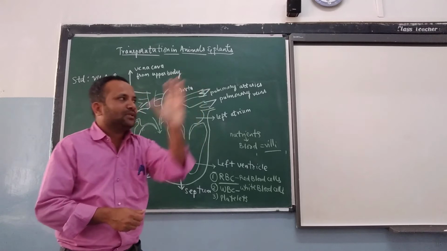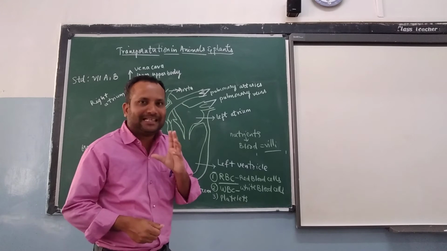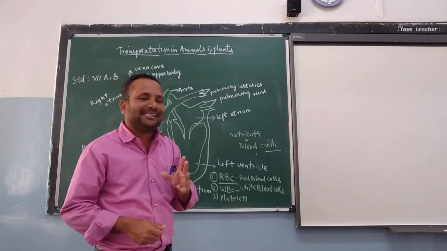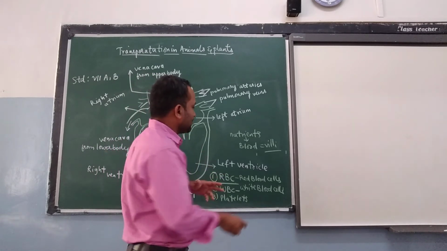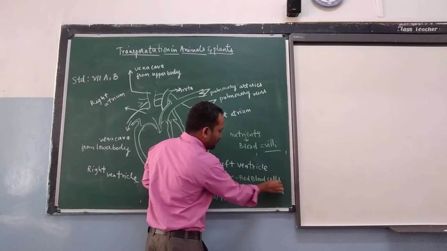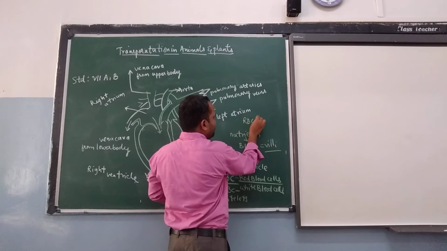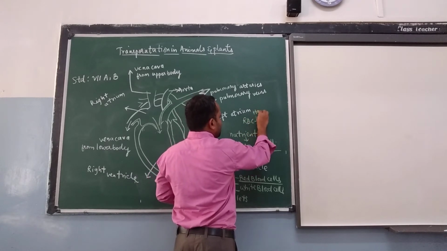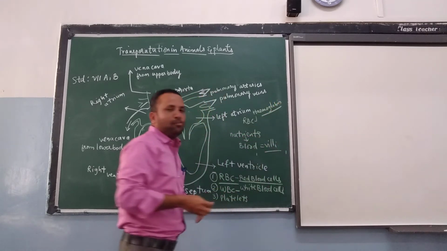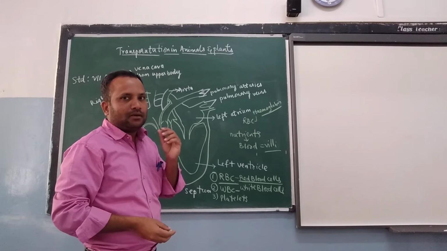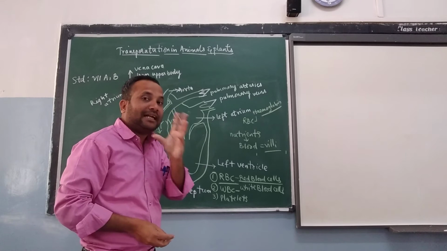RBC means, as the name indicates, that the cells are red in color. Because of an important component, I will write here RBC, called hemoglobin, a component which makes the cells red in color.